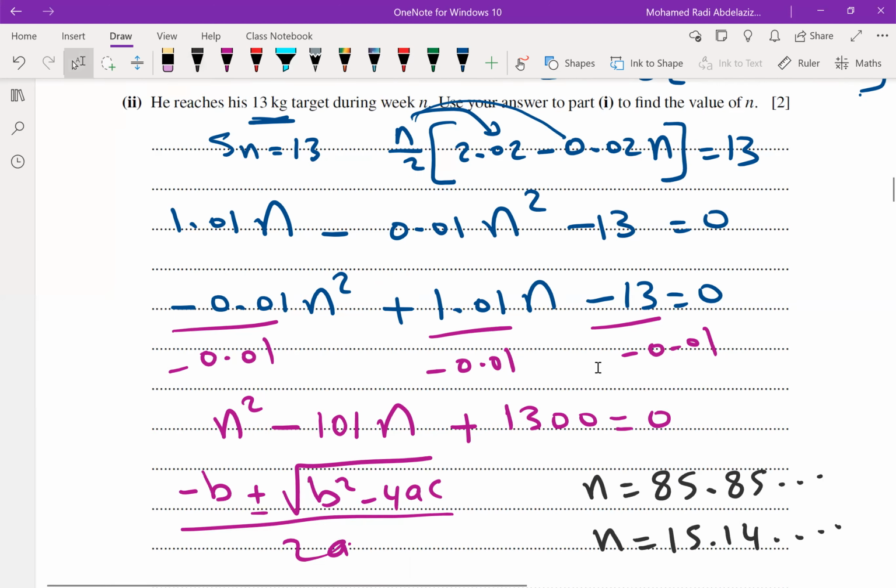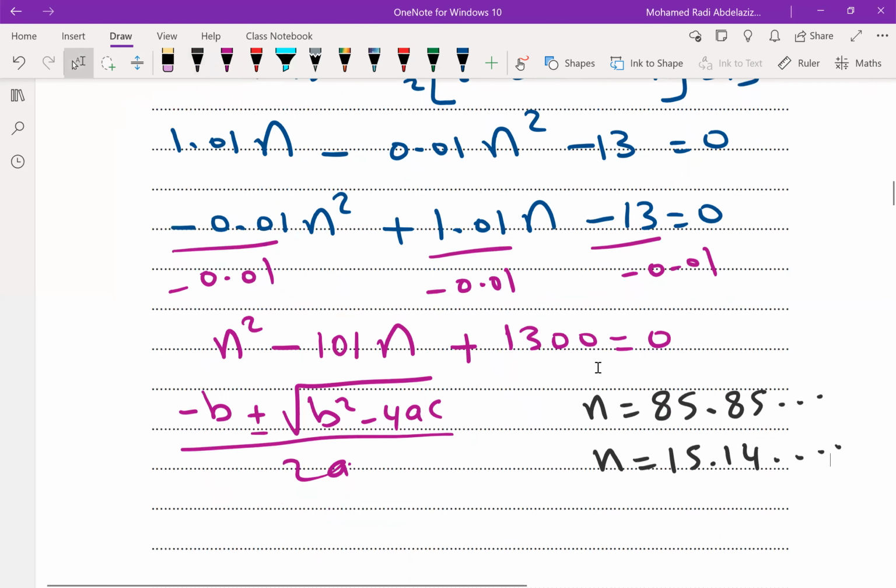Now, what is the whole number for n? n is equal to 85 and n is equal to 15. When you get n equal to 15.14, this means he reaches the target in the 16th week. After 15, it is not rounded to the whole number.